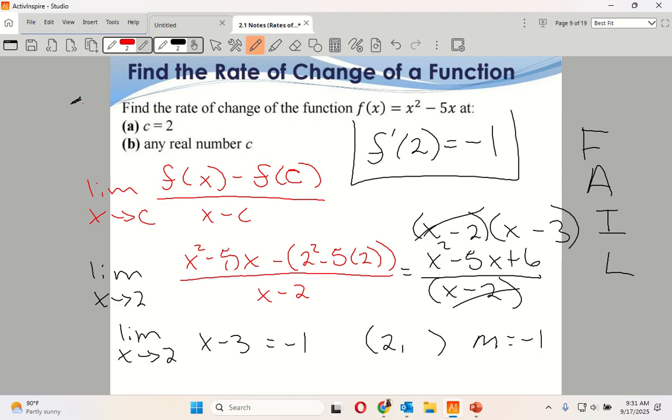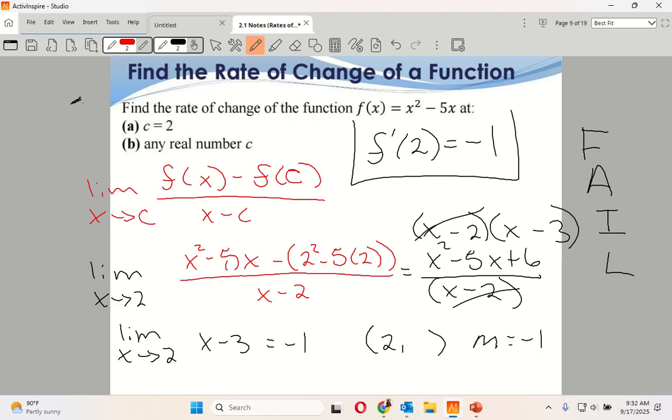That is the slope of the function f when x is 2: my slope is -1. That's what that means.